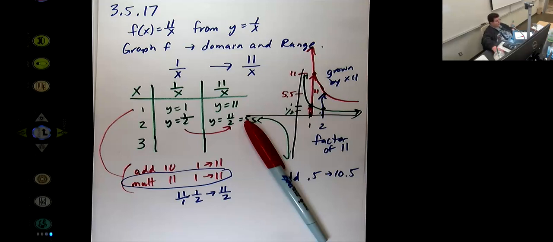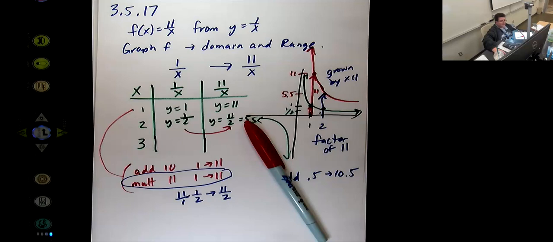1 doesn't work. We already know 1 works because we plugged it in, we got 11. Things that will break it make the bottom 0, or they make what's inside the square root negative. Can we stick anything in that will make the bottom 0 here? Zero breaks it.